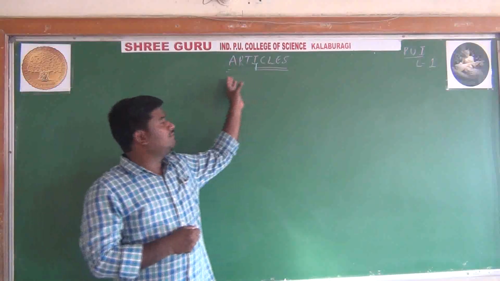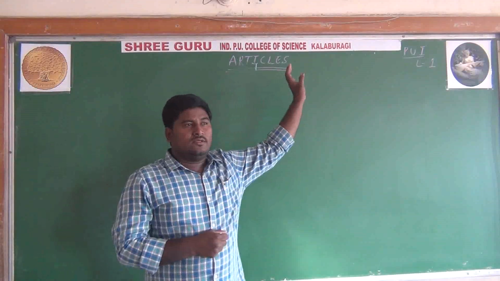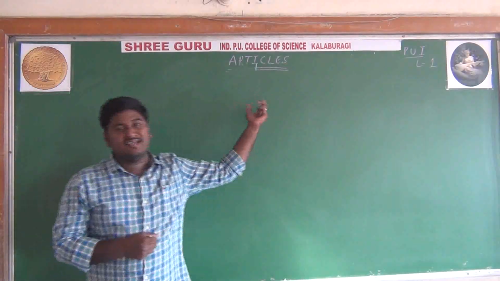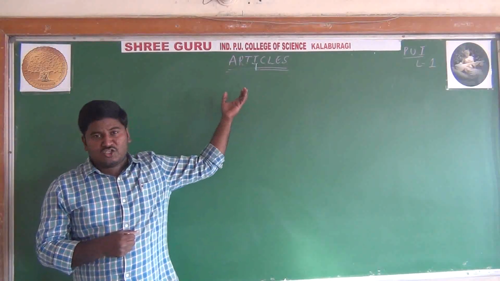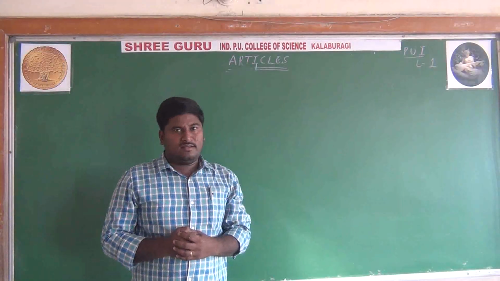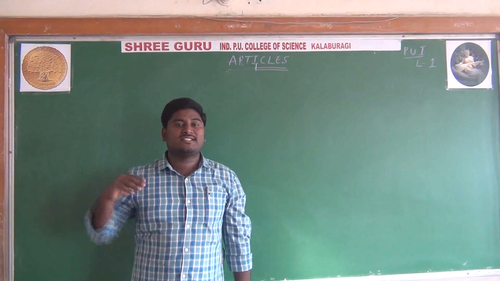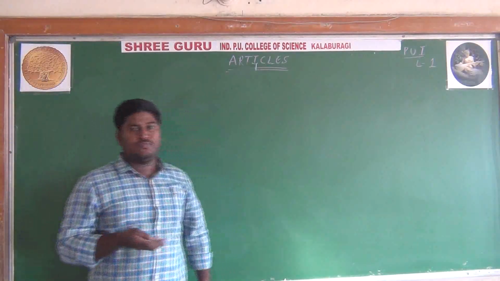Today, we discuss articles. This is one of the basic aspects of English grammar. There is a definition saying that articles are like three twinkling stars in the English language.